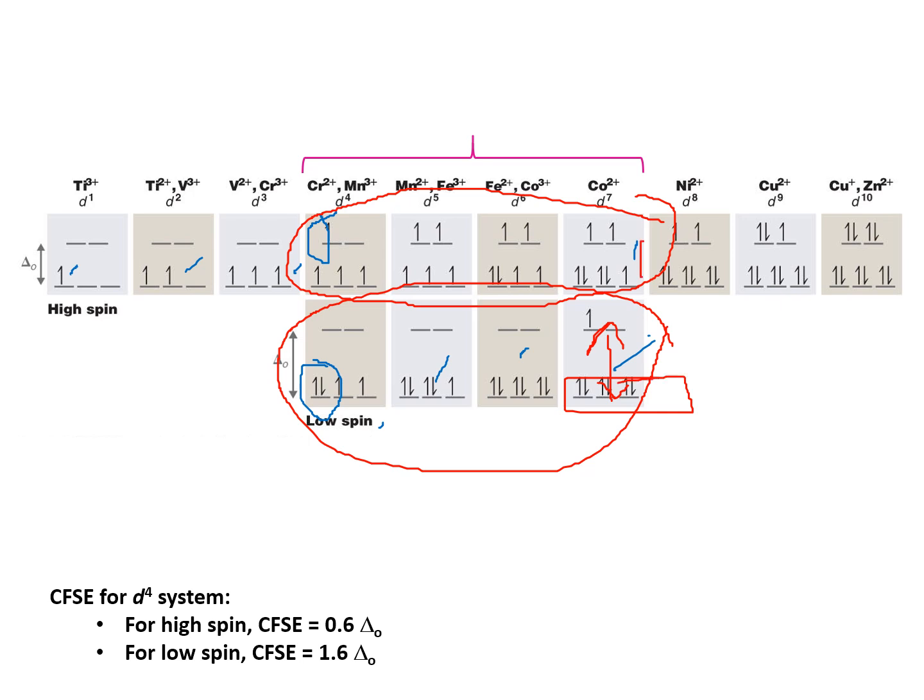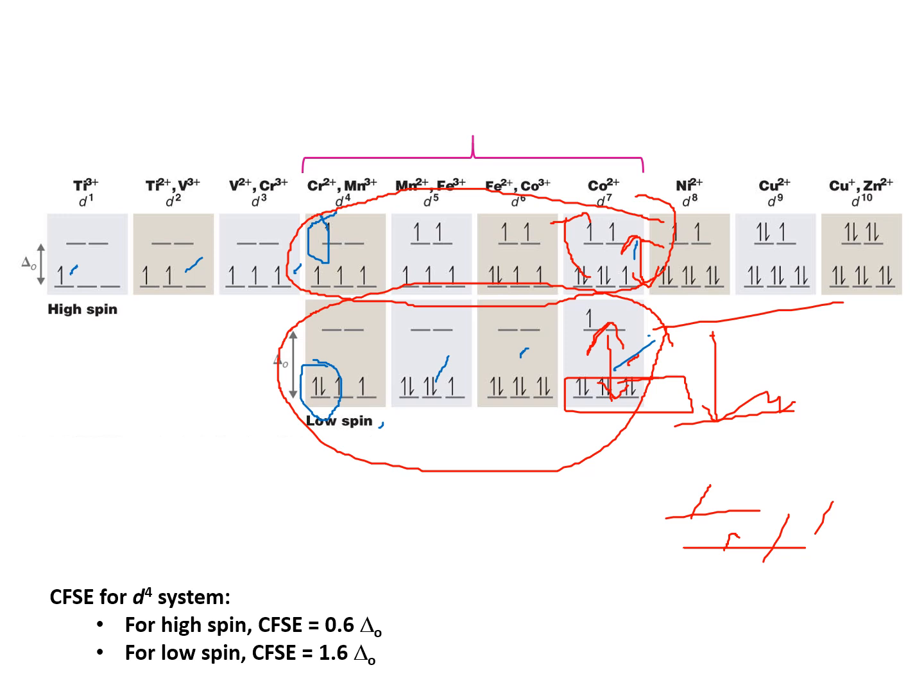But if this energy is very small, with the energy levels very close to each other, it will prefer to occupy 1, 2, 3, then 4 here. That means it will go to the eg levels. So that is why we can see different kinds of possibilities.